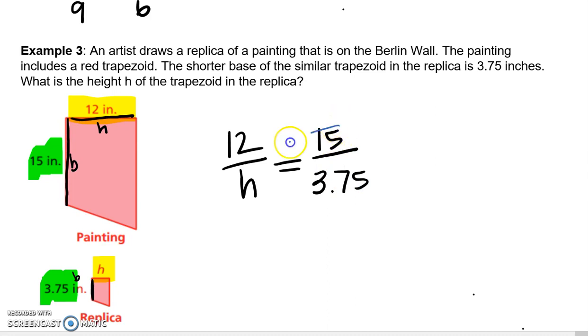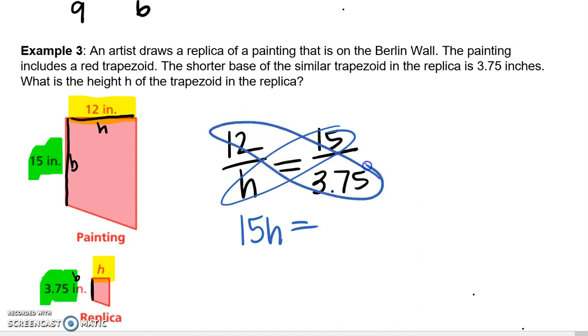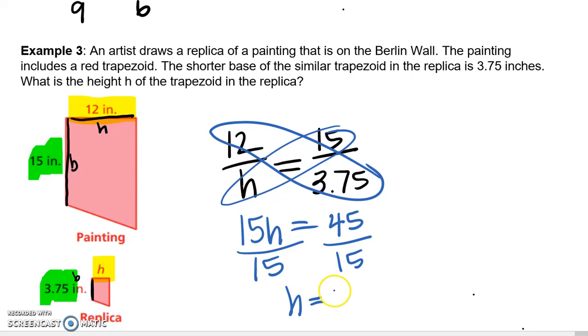Now to solve, just use your cross product. So I have 15h is equal to 12 times 3.75, which is, in my calculator, 45. Now you're just solving a basic one-step equation, dividing both sides by 15, which makes h equal to 3 inches.